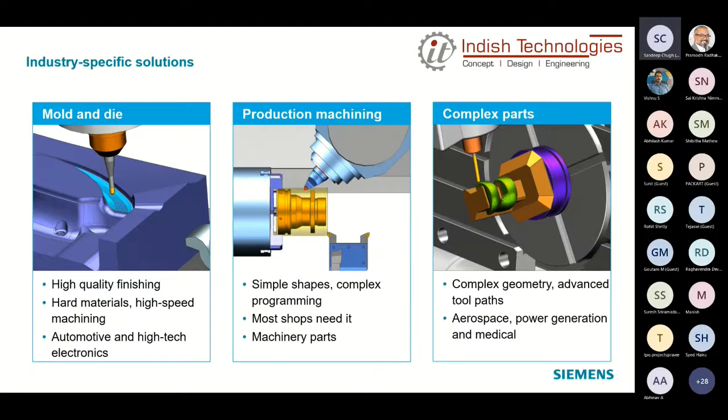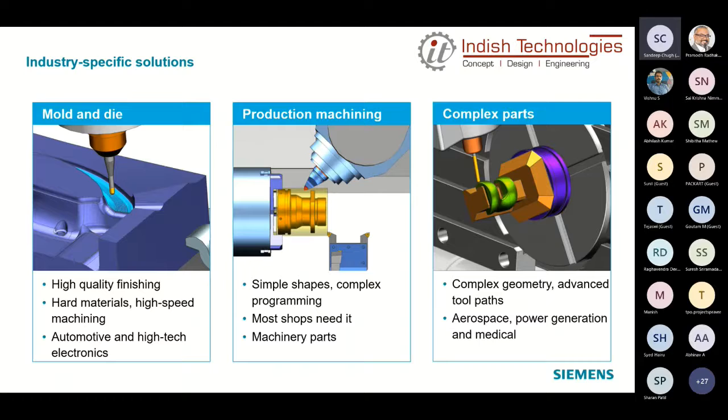Second category, production machining. In production machining, it's not mandatory to go for a CAM solution. You have the choice to work manually or through CAM. But if you see the benefits CAM offers for production machining, take my words, once you start using CAM, once CAM is tested, you don't look back to manual programming because the benefits are immense.